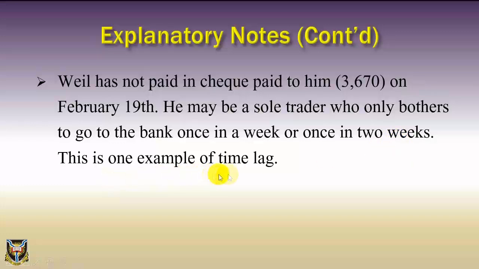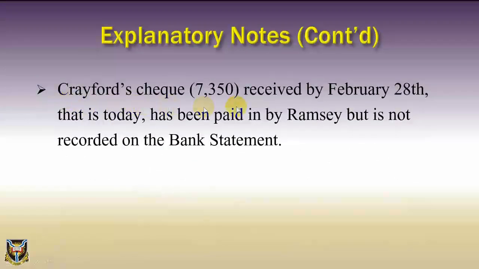This is one example of time lag. D. Crayford's check, 7,350, received by February 28th, that is today, has been paid in by Ramsey but is not recorded on the bank statement. This is another kind of time lag. The bank will probably credit it tomorrow to the account of Ramsey.